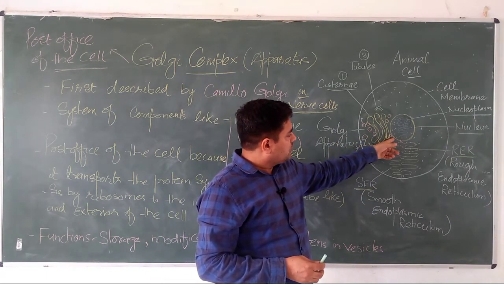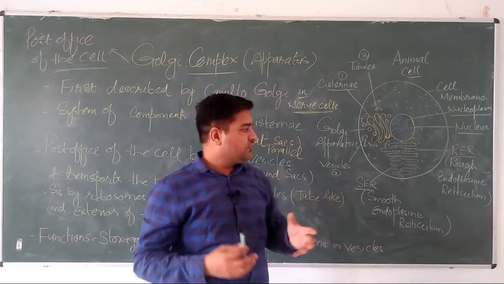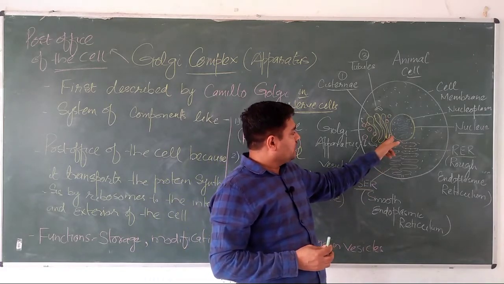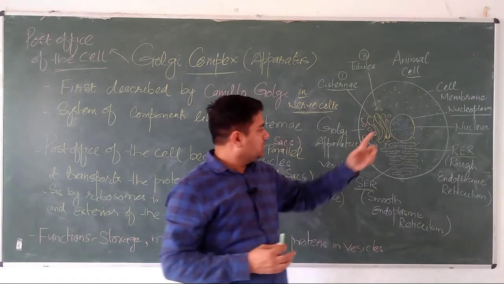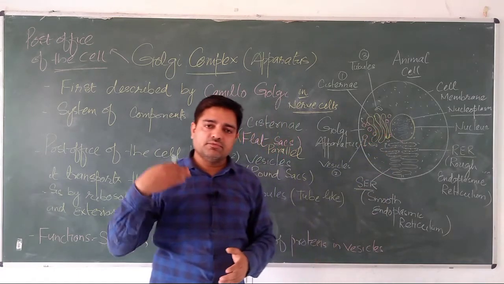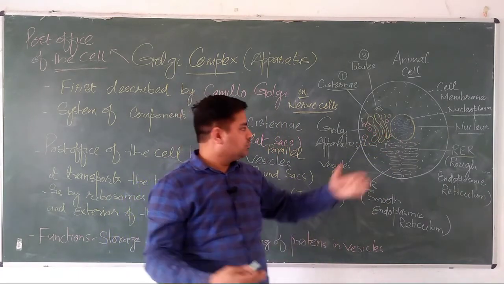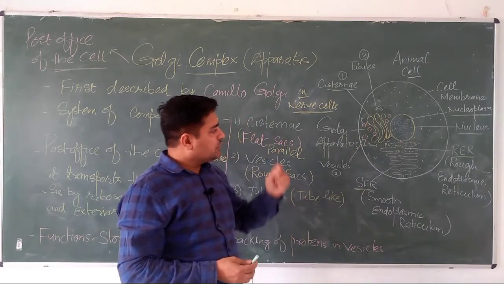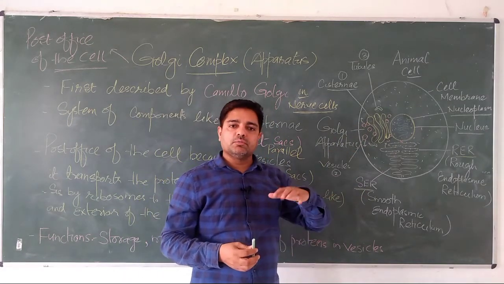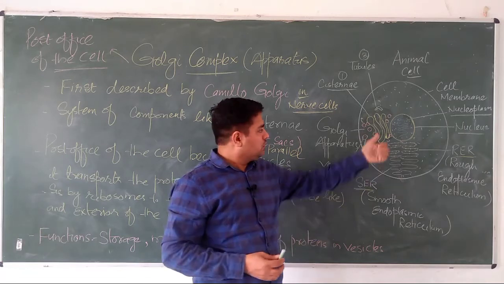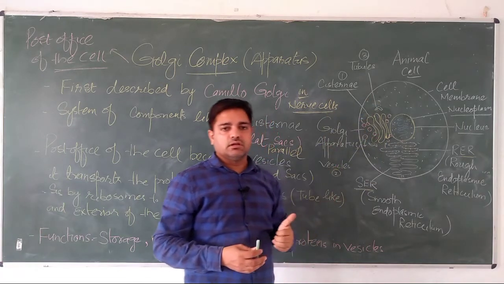At the forming phase, they fuse with the cisternae and transfer the protein to the Golgi apparatus, and the Golgi apparatus now will distribute this protein to the different components of the cell.